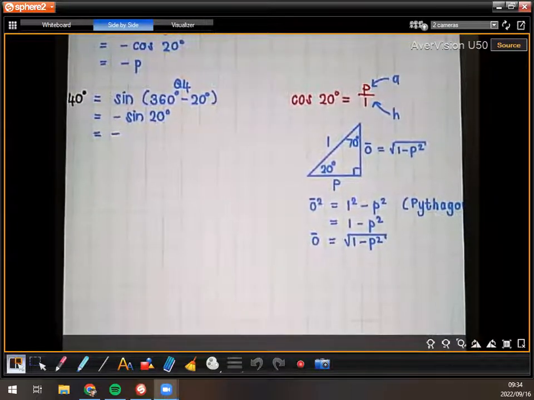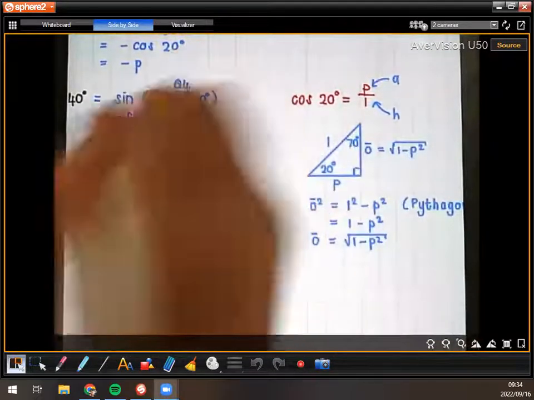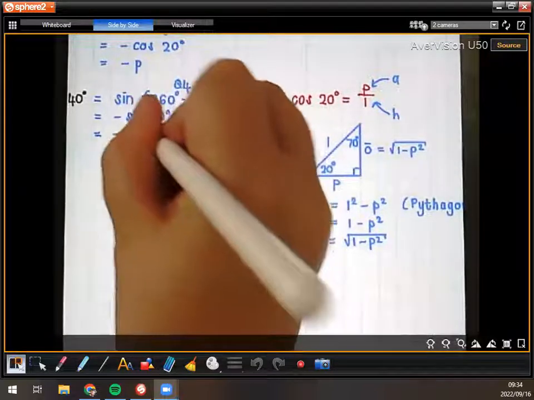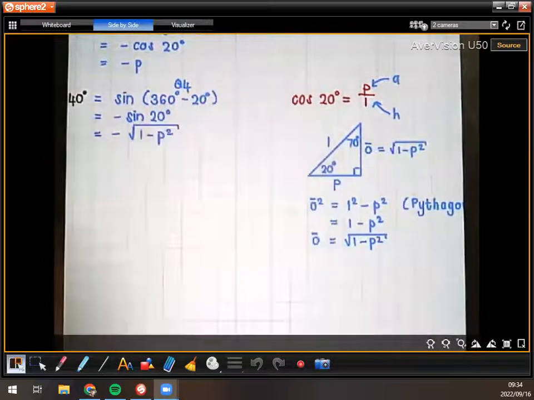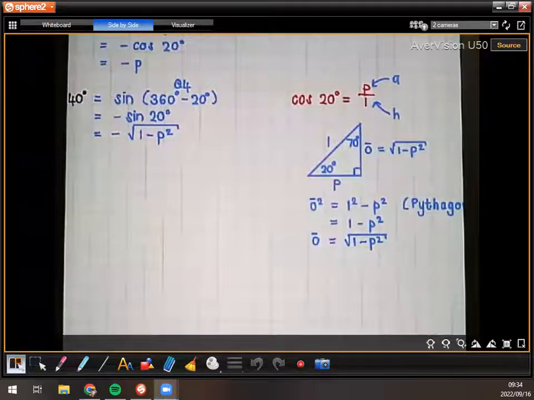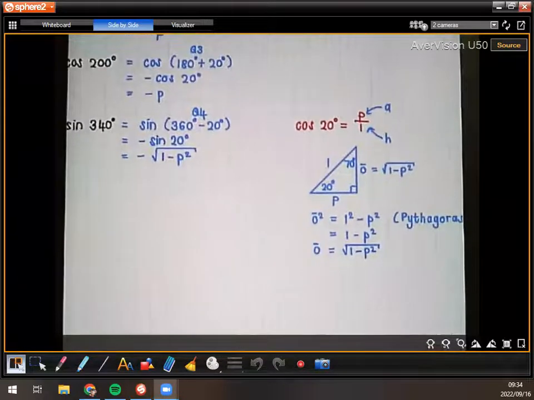No, so we can just say square root of 1 minus p squared. And that's the answer, guys. That's what they asked for. They asked for sine 340 in terms of p, and we've given that to you. Don't feel like you have to do something else, because then you're probably going to do something that you're not allowed to. So that is the final answer.